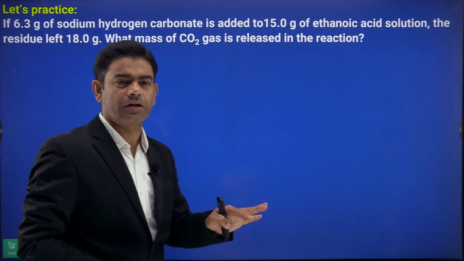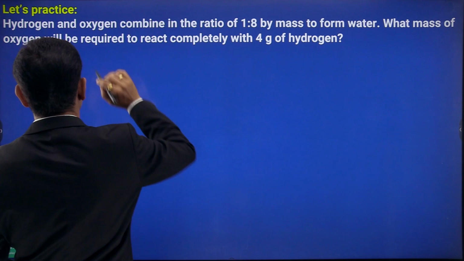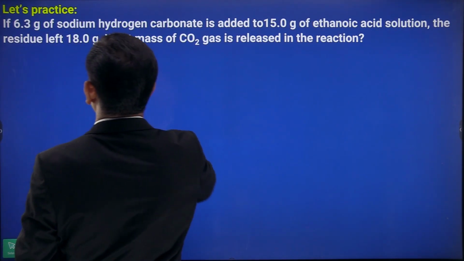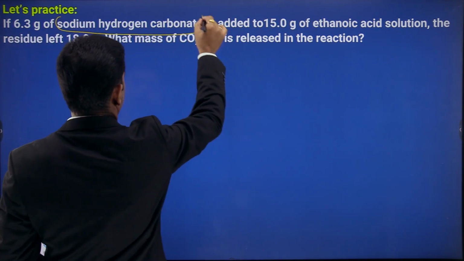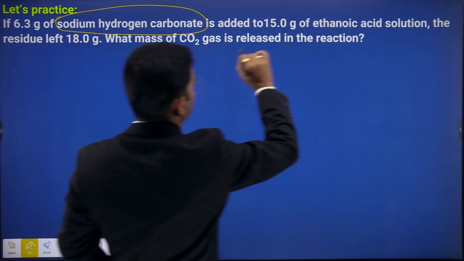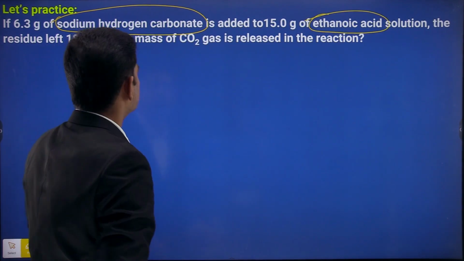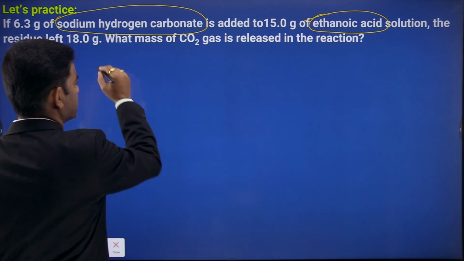दो चीज यहां भी रिएक्ट कर रहे हैं हम. We are reacting sodium hydrogen carbonate to ethanoic acid. So sodium hydrogen carbonate, इस बार फॉर्मूला बता देते हैं हम आपको.